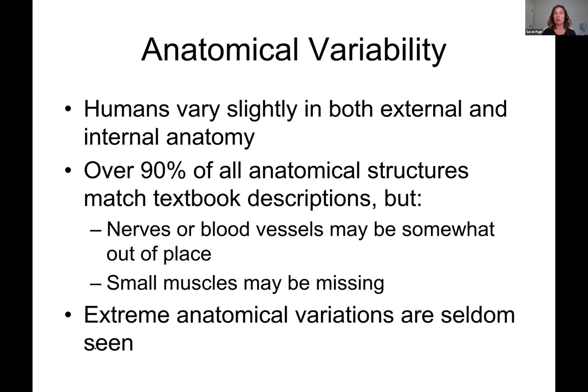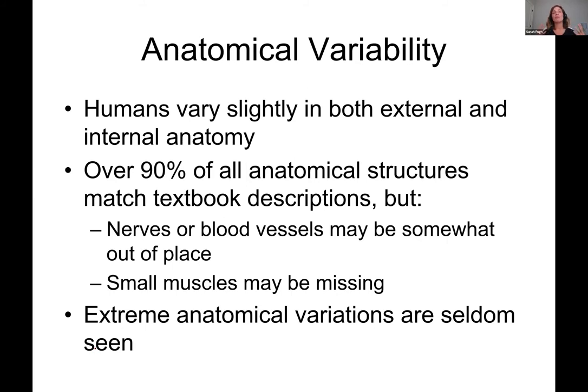Small structures, small muscles, vessels, a lot of times blood vessels can be found in slightly different locations, or people might have variations. And so it is so important that when we get to do these dissections, we see that. Now, we're not usually seeing huge anatomical variability when we do dissections, but you get used to the fact that, oh, these things look a little different and I need to be aware of that.